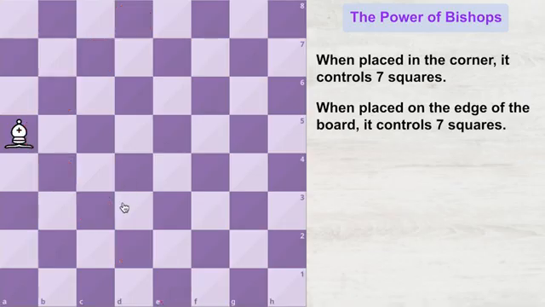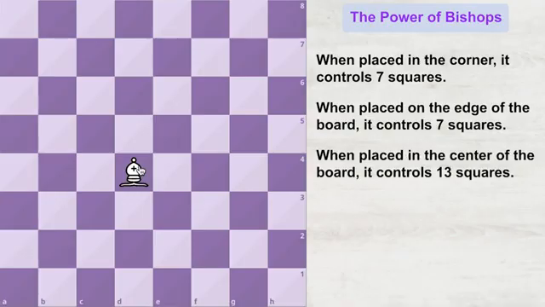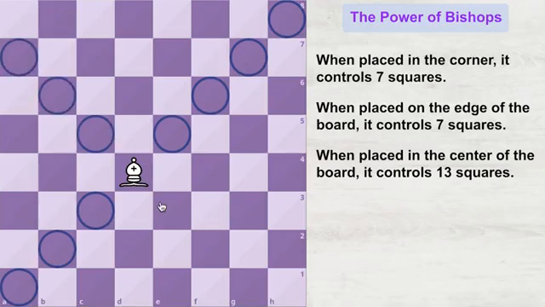So the squares in the center of the board are these 4 squares. So if I keep this bishop on one of the centers of the board, then it can control a total of 13 squares. 1, 2, 3, 4, 5, 6, 7, 8, 9, 10, 11, 12, 13.